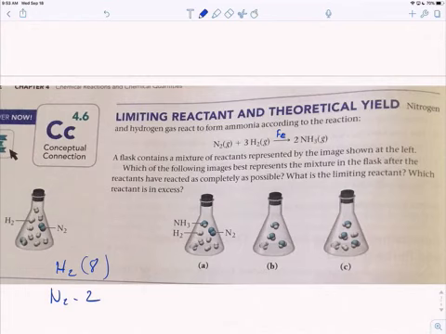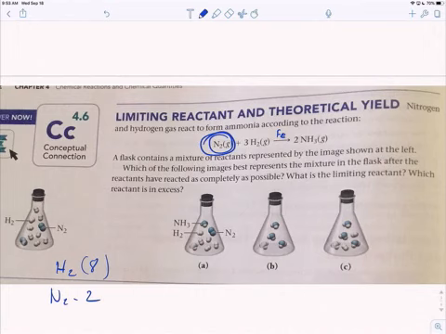If hydrogen was the limiting reagent, 8, that means we would need 8/3 nitrogen, so it doesn't make any sense. If nitrogen is the limiting reagent with 2, that means 2 times 3, we need 6 hydrogens to react all those nitrogens. So from that, nitrogen is the limiting reagent.